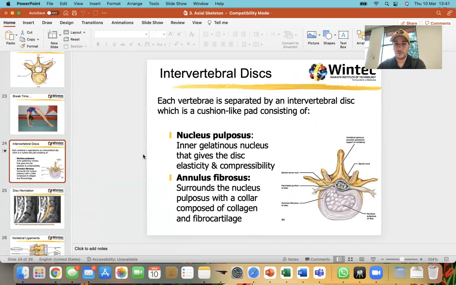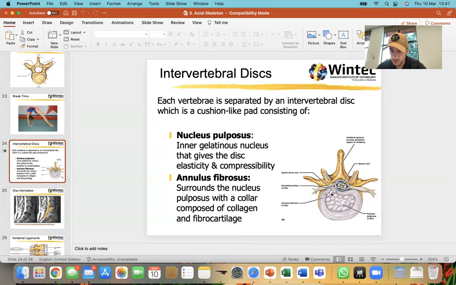Right, in our intervertebral disc, each vertebra is separated by an intervertebral disc, which is a cushion-like pad. Within the pad, we have the nucleus pulposus that sits on the inside and the annulus fibrosus that sits around the outside. The nucleus pulposus is the inner gelatinous nucleus that gives the disc elasticity and compressibility.